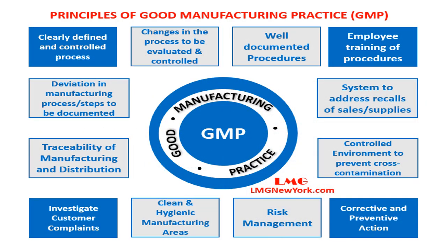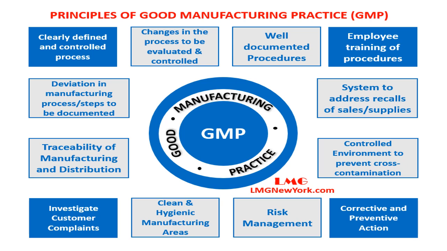Here once again we will see in more detail the different aspects of the principles of good manufacturing practices. From the top left corner we can see clearly defined and controlled processes, changes in the process to be evaluated and controlled, and well documented procedures, then employee training on procedures, a system to address recalls of sales or supplies.